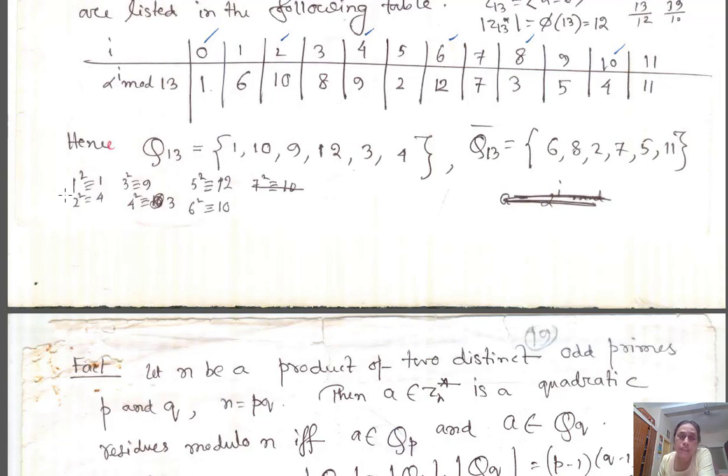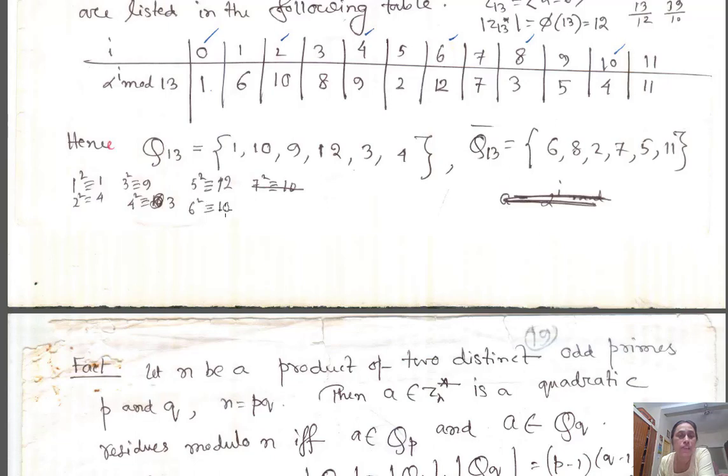So you keep on squaring them: 1 square, 2 square, 3 square, and so on, and take modulo 13. 1 square modulo 13 gives you 1. 2 square gives you 4. 3 square gives 9. 4 square is 16 minus 13, that means 3. 5 square modulo 13 is 12.